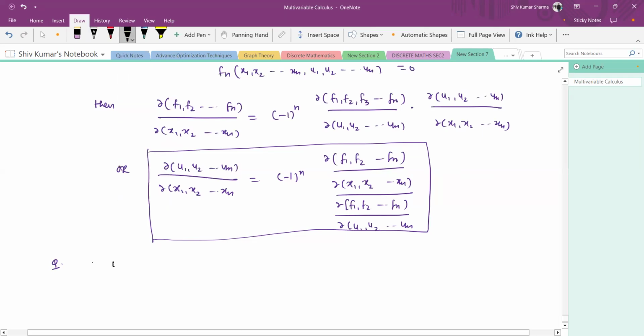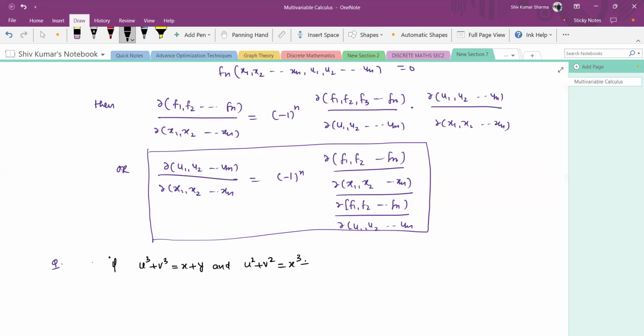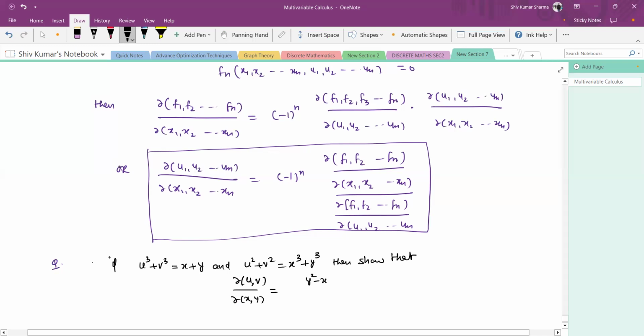So first problem, we start with: if u cubed plus v cubed is equal to x plus y, and u square plus v square is equal to x cube plus y cube, then show that del(u,v) upon del(x,y) is equal to y square minus x square upon 2uv(u minus v).